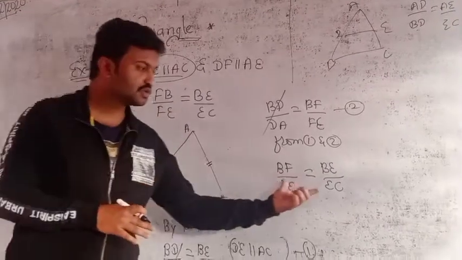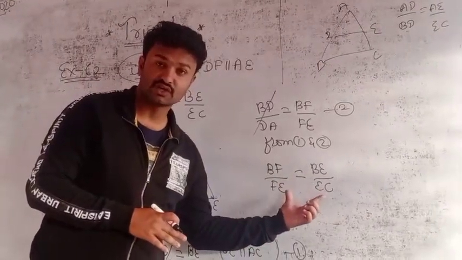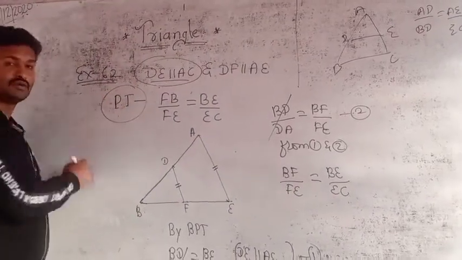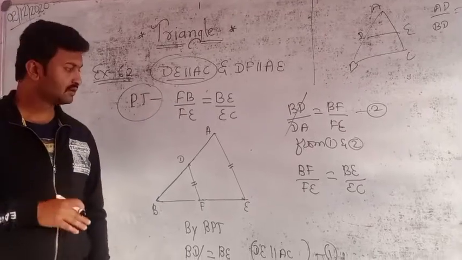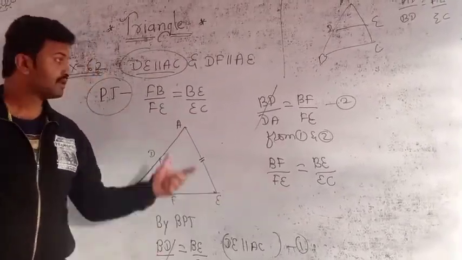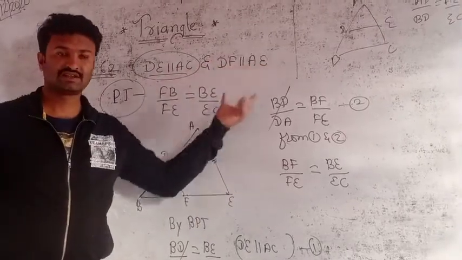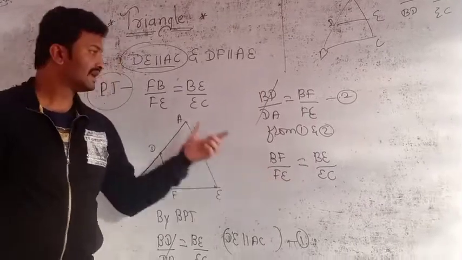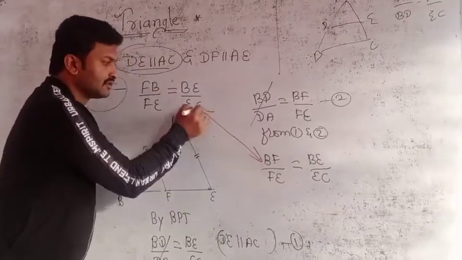If these two ratios are equal, then what we have to prove, we got because of these two reasons. We just have to apply the BPT theorem and cancellation. This one is the answer. Okay.